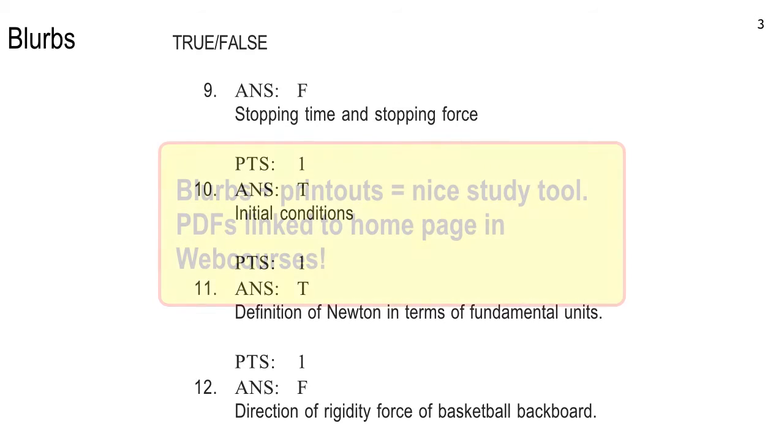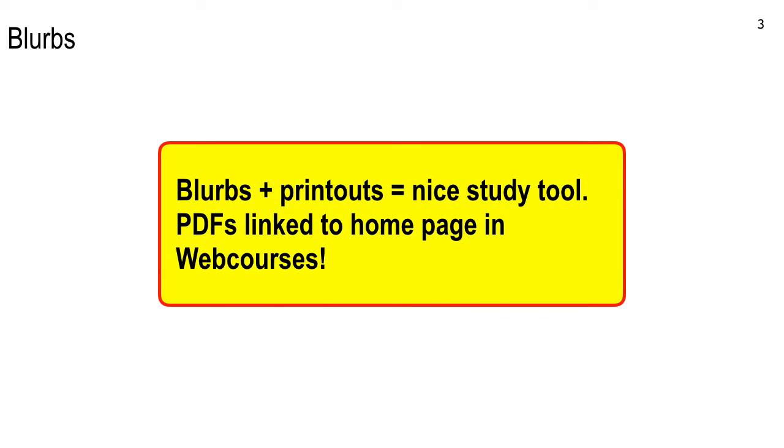Now, those blurbs combined with your printouts are a very nice study tool for the final exam. Almost everybody in here is going to be taking the final. Maybe a few of you, if you get good exam scores for exam 1 and exam 2, will be permitted to skip the final.